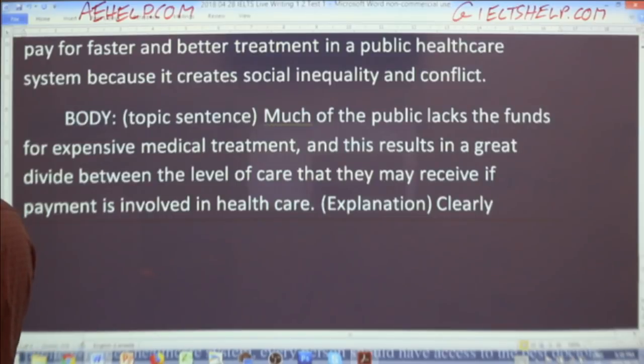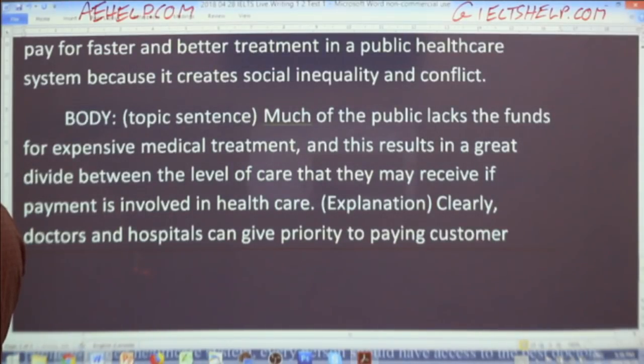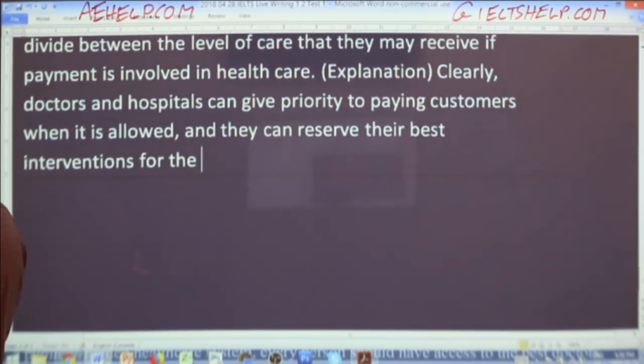Clearly, doctors and hospitals can give priority to paying customers when it is allowed, and they can reserve their best interventions for the highest bidder, right?